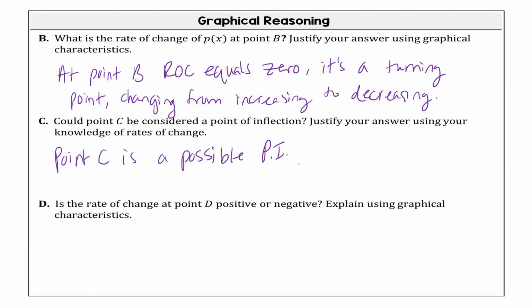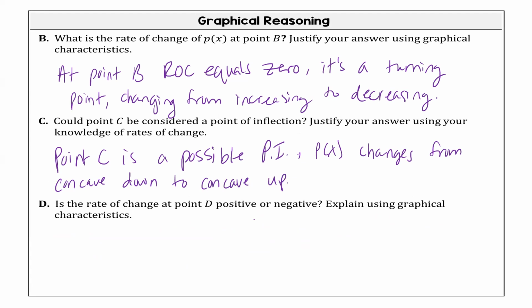Because P of X changes from concave down to concave up. Do we see how this is a vocabulary check? Making sure we understand the vocabulary and where it's applied.